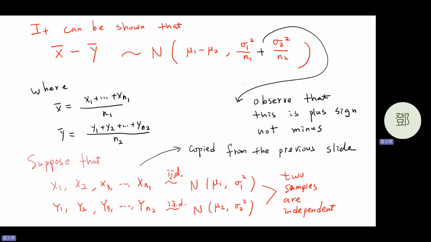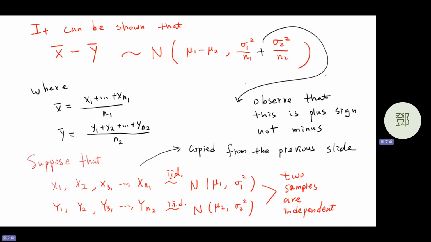And so is this. A random variable minus a random variable is also a random variable. The new random variable must have a new distribution. Understand? So what is the distribution? Because they are all from the normal distribution, the new random variable is still normal.